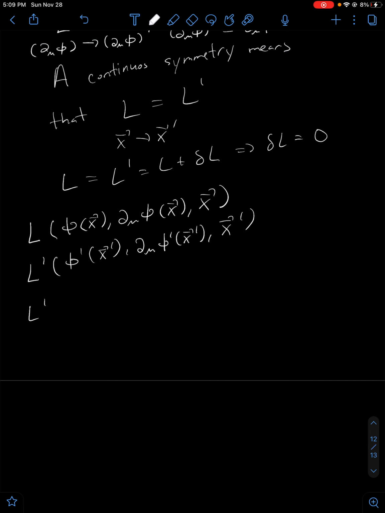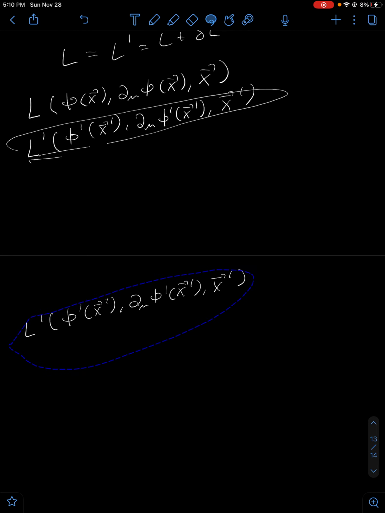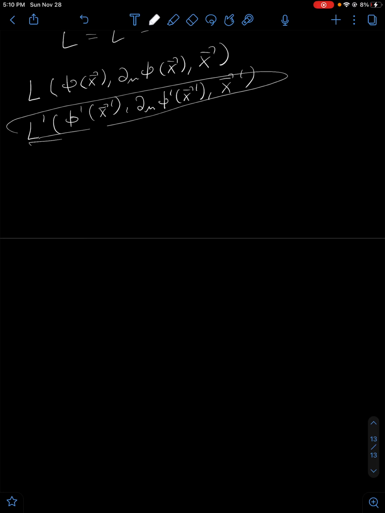And L prime of phi prime x prime, I'm just going to write this entire thing out. So this, which is just this over here, will equal, let me just write this below here. Let me just write this over again. It was on a tilt.